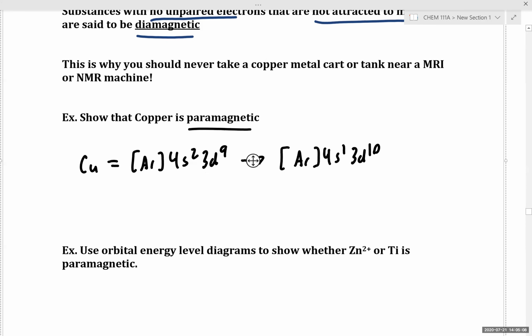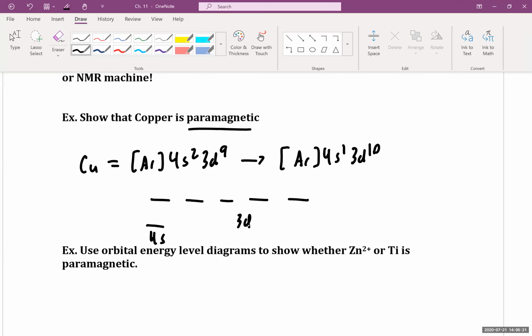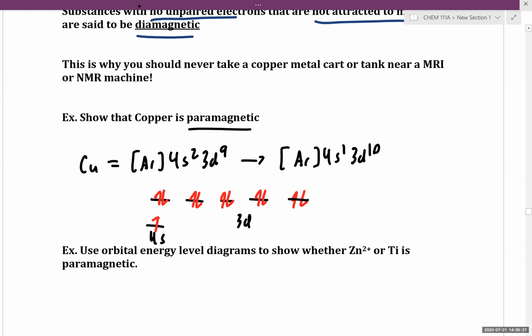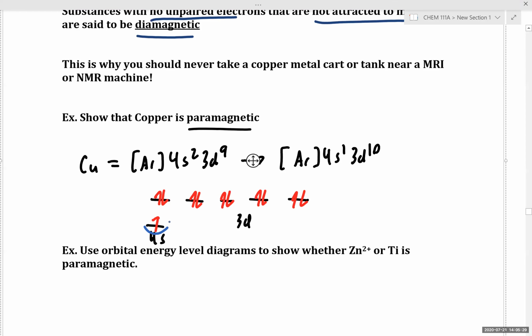So if we look at the configuration for copper, our 4s and our 3d orbitals, filling in our orbital diagram, we see very clearly that copper has an unpaired electron, making copper paramagnetic.